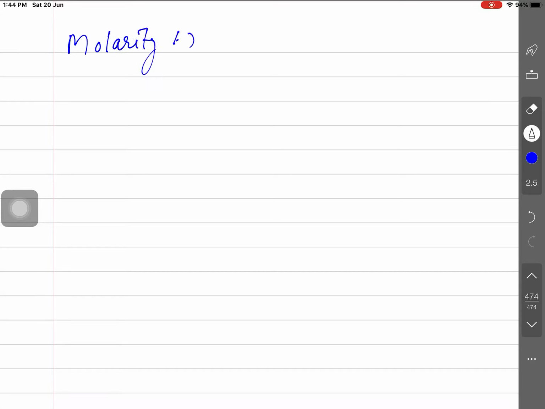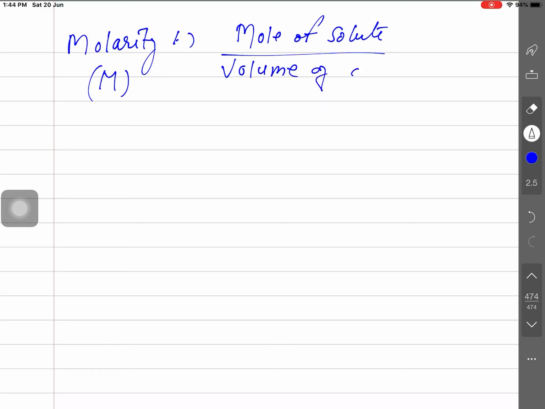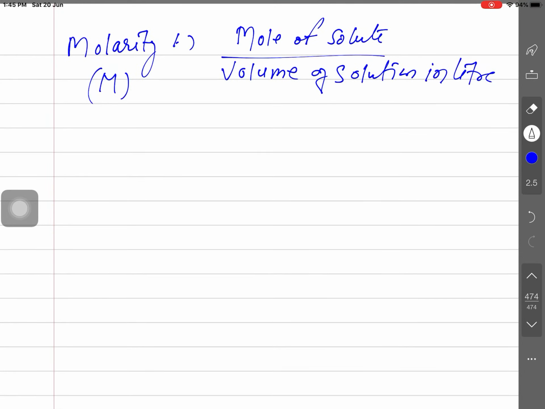Molarity. It is represented by capital M. It is the number of moles of solute dissolved in 1 liter of solution, that is, moles of solute divided by volume of solution in liters. How can we find the number of moles of solute?